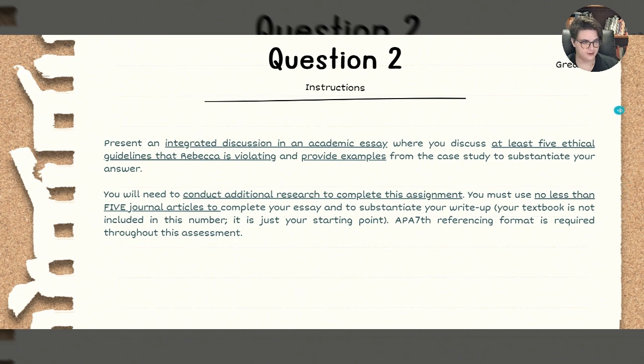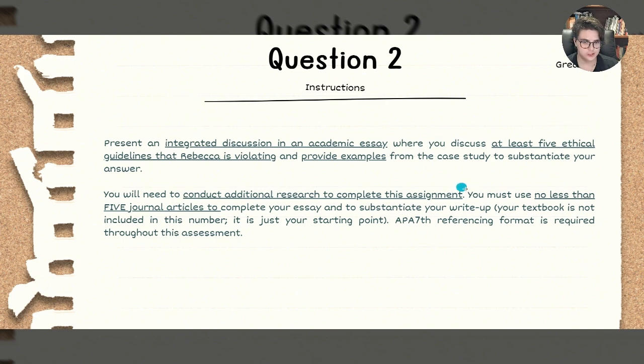You need to, in an academic essay, present an integrated discussion where you discuss at least 5 ethical guidelines that Rebecca is violating and provide examples from the case study to substantiate your answer. You also will need to conduct additional research to complete this assignment and use no less than 5 journal articles to complete your essay.